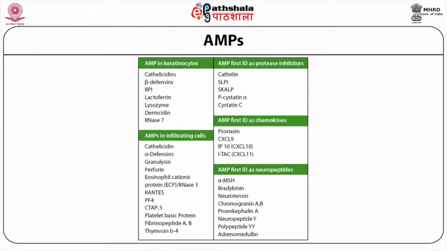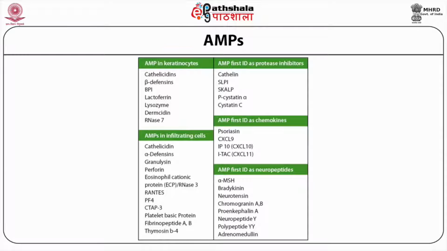If we look at this list, we find again the antimicrobial peptides which are secreted by keratinocytes. We had already mentioned cathelicidins and beta defensins, but in this, lactoferrin and lysozyme can also be added. Lactoferrin, lysozyme and RNase 7 in fact are slightly bigger molecules and are normally more or less short globular proteins.